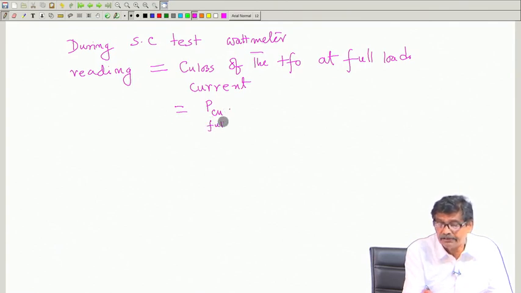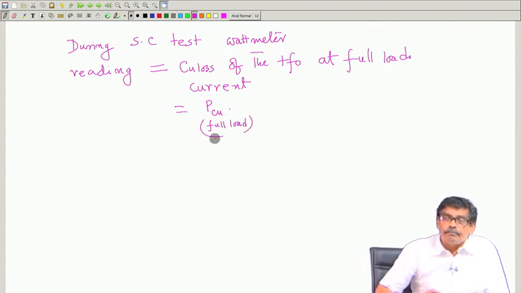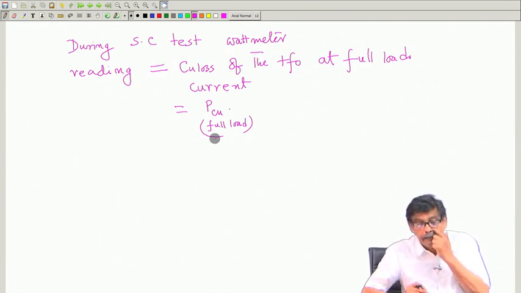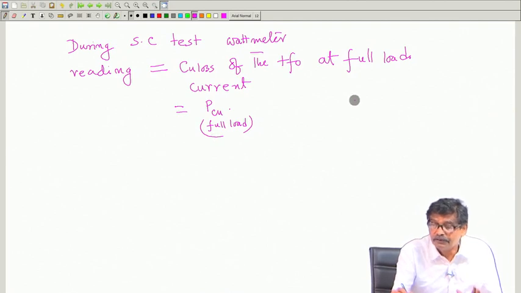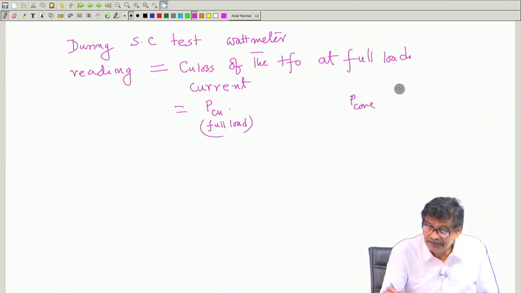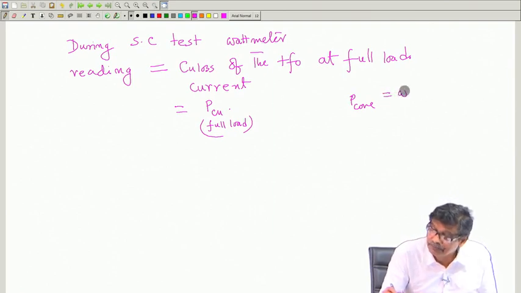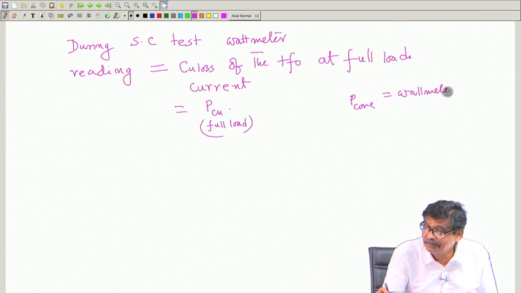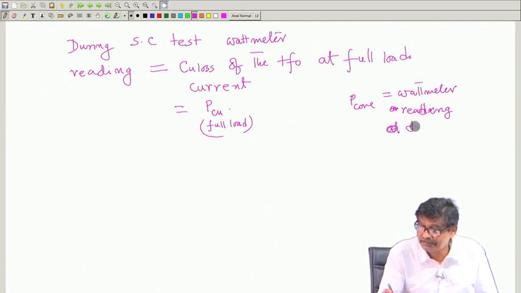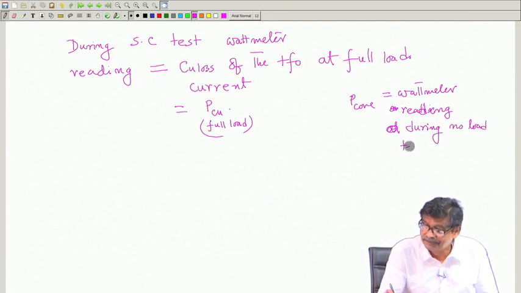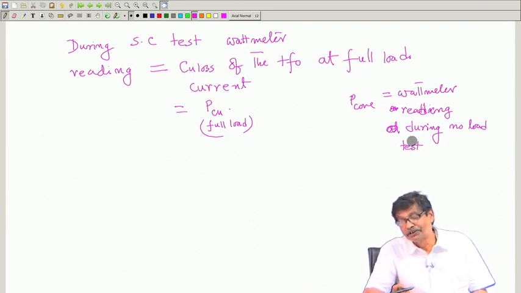Let me write in longhand, so that it is understood. And P_core is equal to the wattmeter reading during the no load test, because I have applied rated voltage, rated frequency.